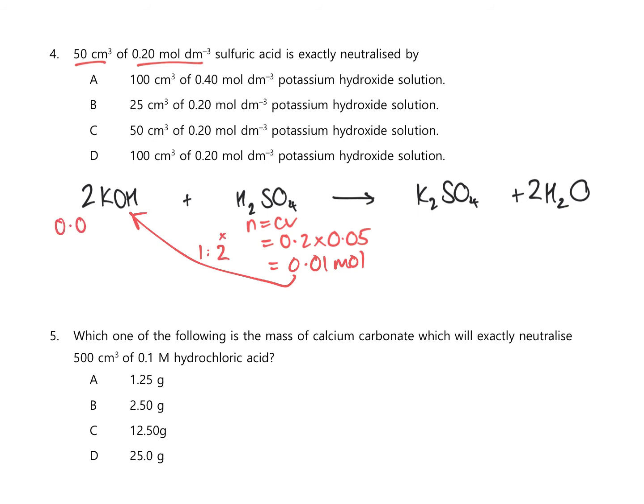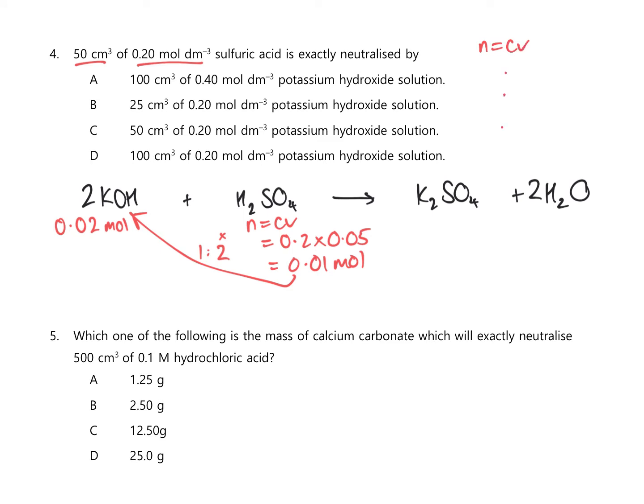That means I actually need 0.02 moles of potassium hydroxide. A lot of people just went down that list and worked out the moles as the same as sulfuric acid, but we actually need twice as many moles of potassium hydroxide. At this point you can do one of 2 things. You can work your way down through the options and do n equals CV for all of them.